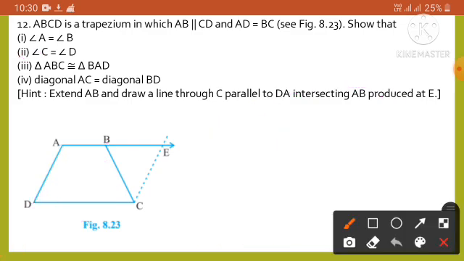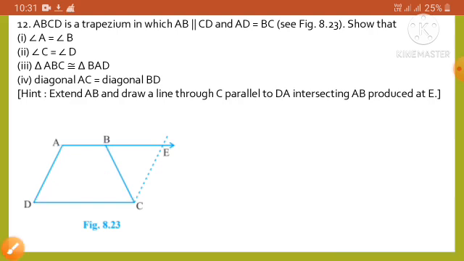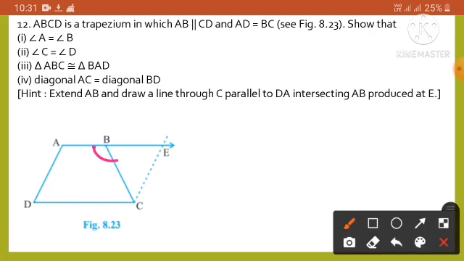Now in triangle ABC and triangle BAD, in both of the triangles we have AB common, BC equal to AD, and angle ABC equal to angle BAD, already proved, angle B equal to angle A. So by SAS congruence rule we can say that triangle ABC is congruent to triangle BAD.